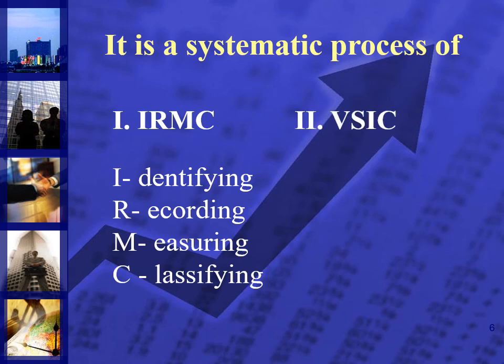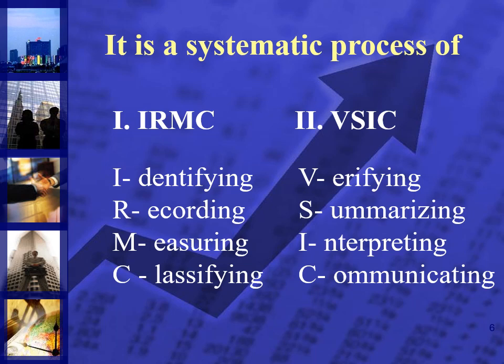Don't forget IRMC. On the other side, we have VSIC. What are those? Verifying, summarizing, interpreting, communicating. Is it difficult to remember? Just remember the 8 letters and you knew very well.